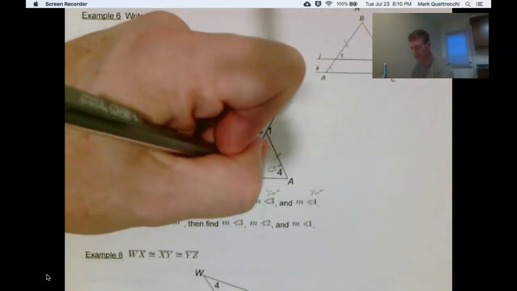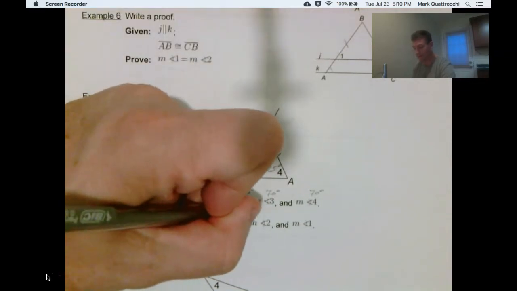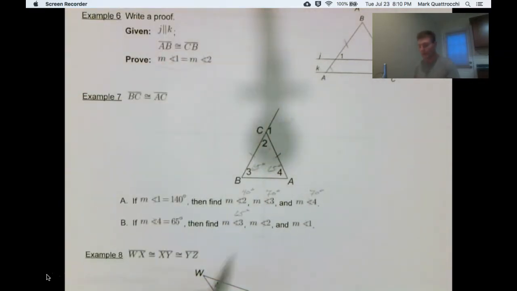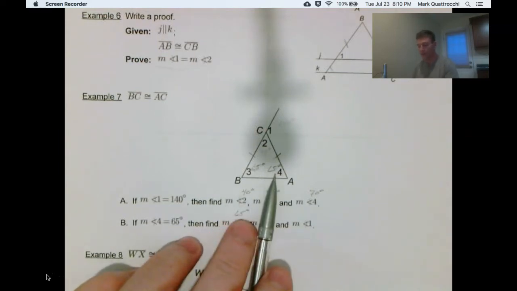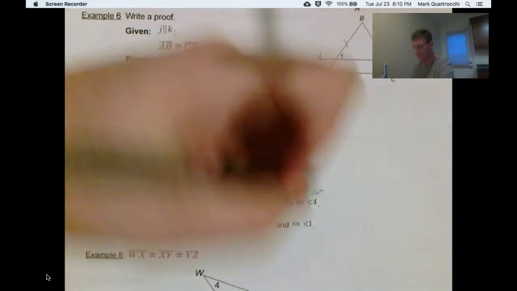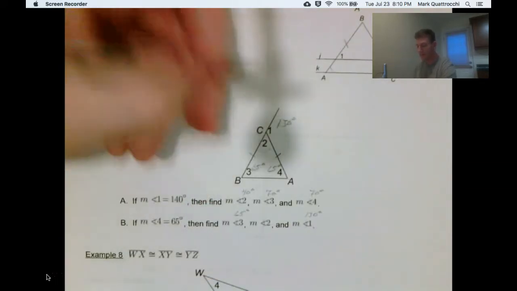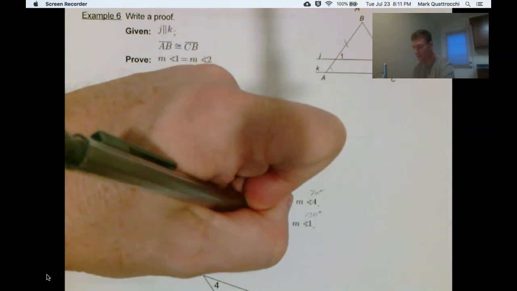That makes angle 3 65 degrees. Angle 3 plus angle 4 is 130 degrees. That makes angle 1 130 degrees. And angle 2, 50 degrees.